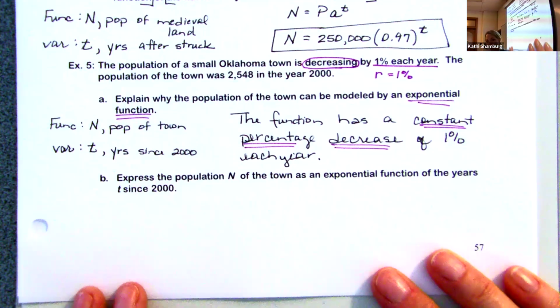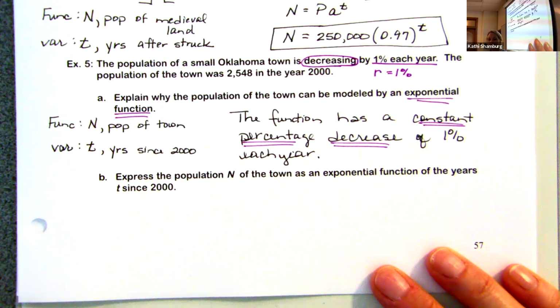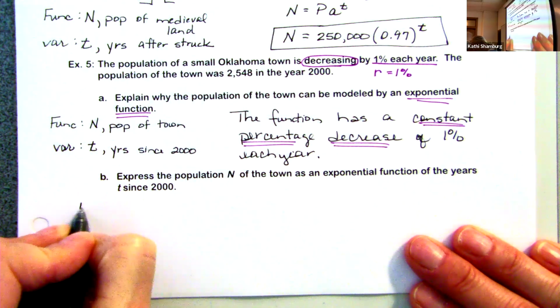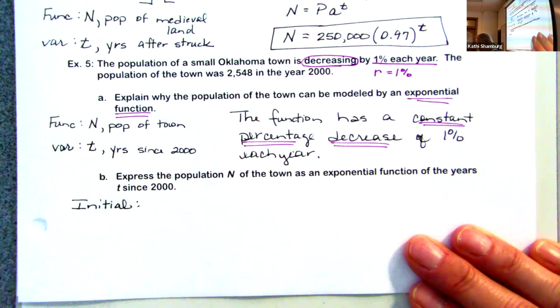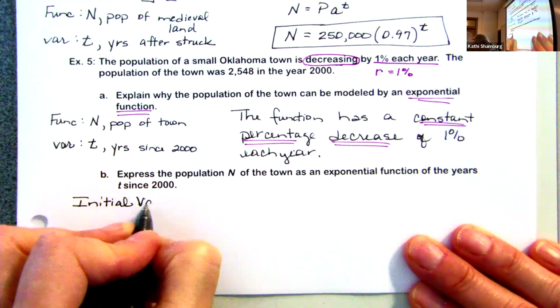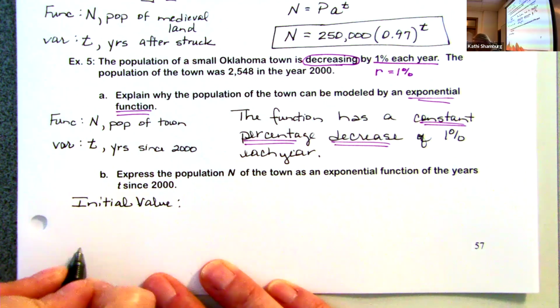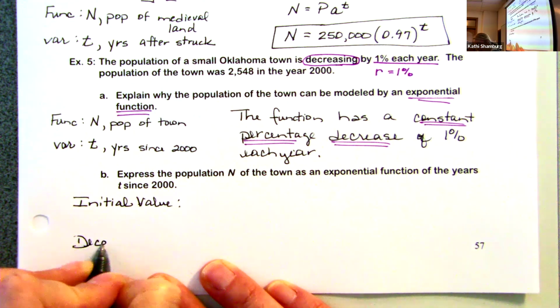And then part B wants us to express this information as an exponential function. So it's asking for the equation. When I look at this, I need two pieces in order to write the equation. I need to know or find the initial value, and I need to know or find, in this case, the decay factor.